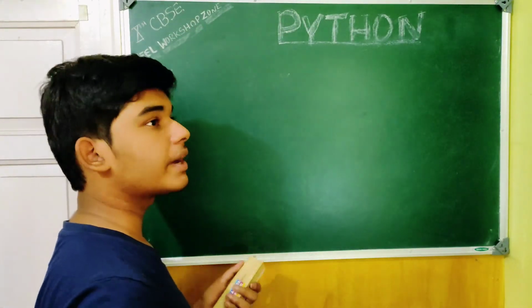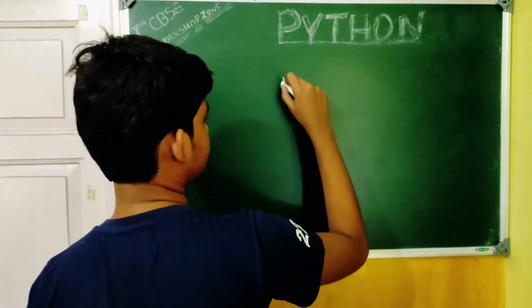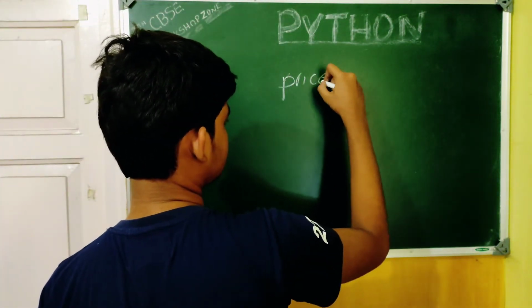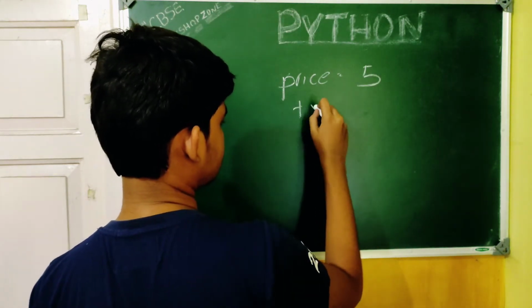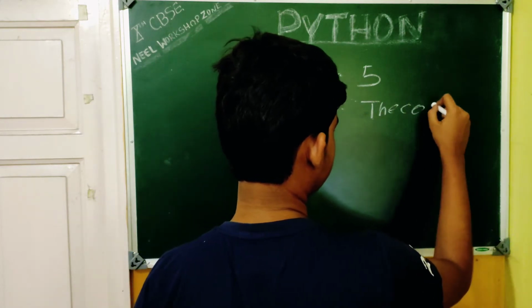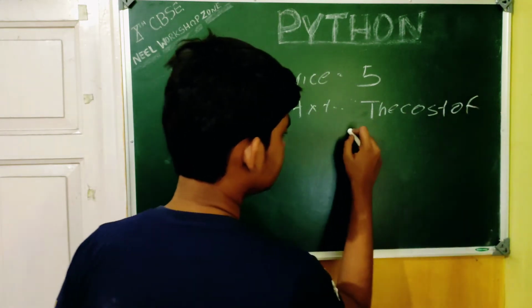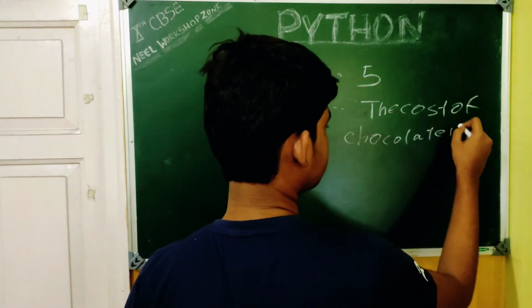Imagine you went to buy a chocolate for 5 rupees. So let's say the price of the chocolate is equal to 5 rupees. And let's write a text or a sentence that says the cost of chocolate is 5 rupees.